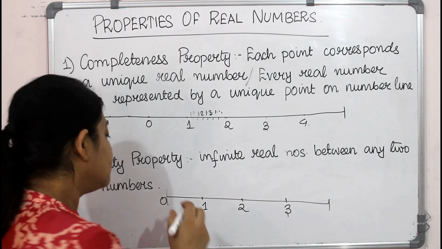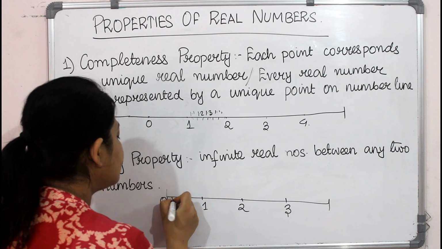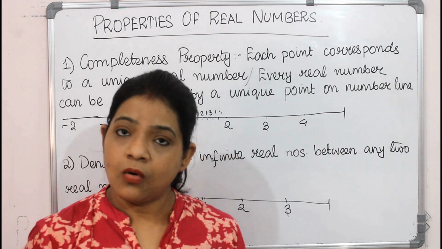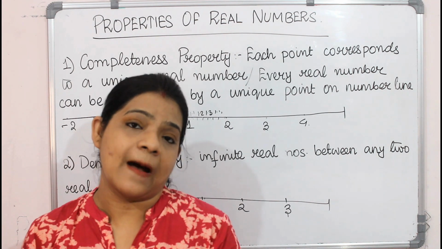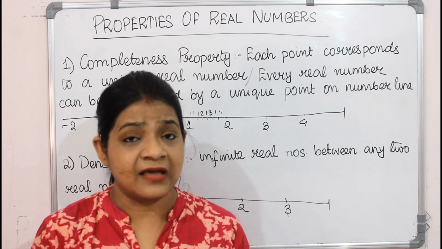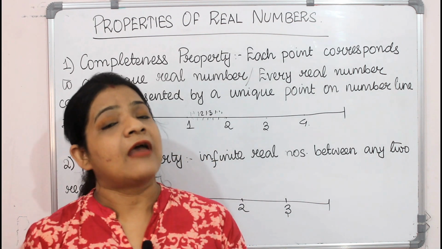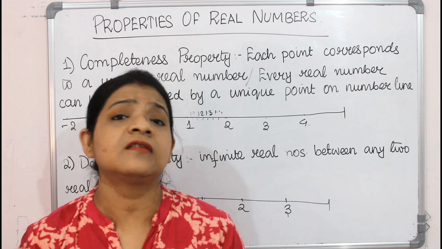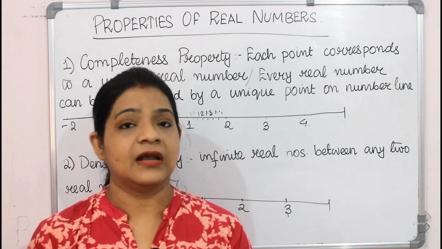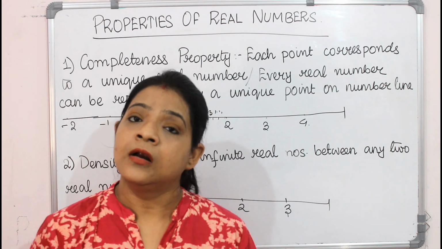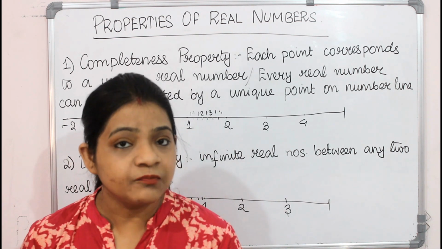In between 0 and 1 there may exist an infinite number of points. In between two real numbers there may exist an infinite number of points, which means an infinite number of real numbers.